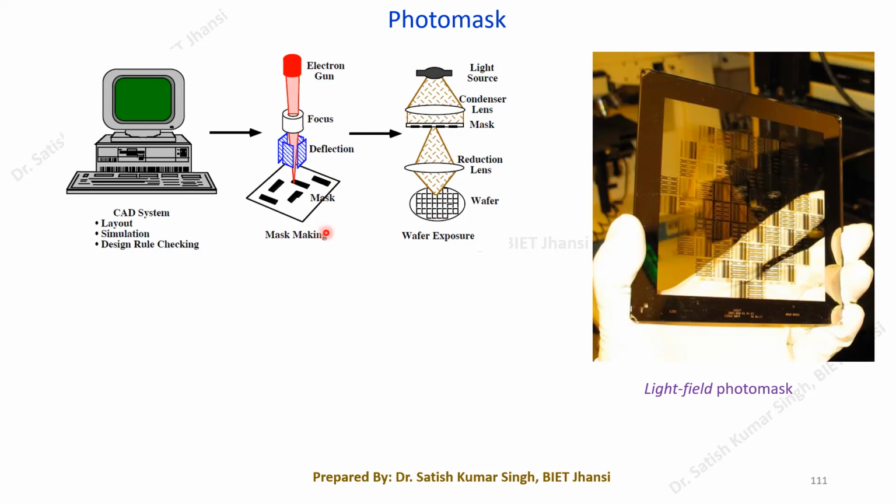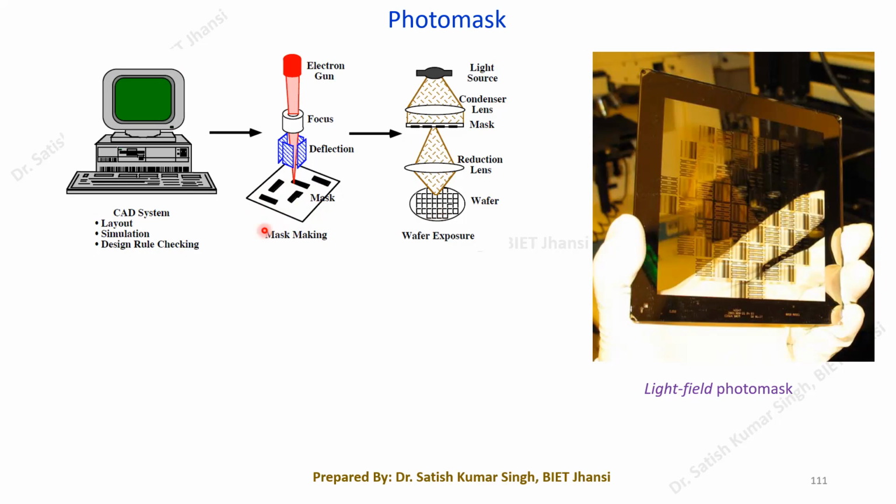The pattern that we want to transfer onto our wafer has to be on the mask, because in optical lithography, whatever pattern is on the mask will be printed onto your wafer. So first of all, we have to fabricate the mask itself.